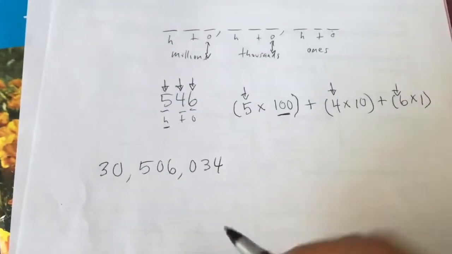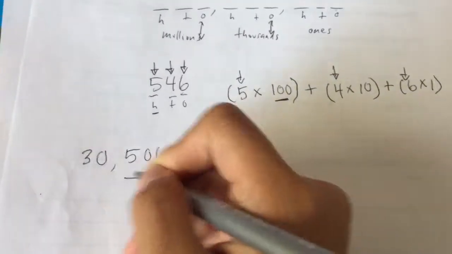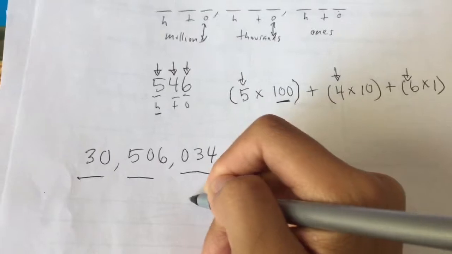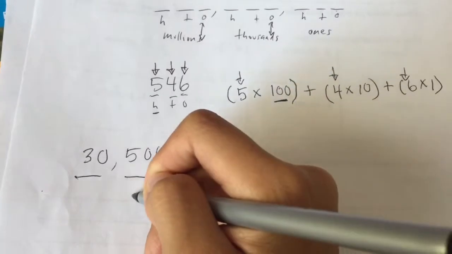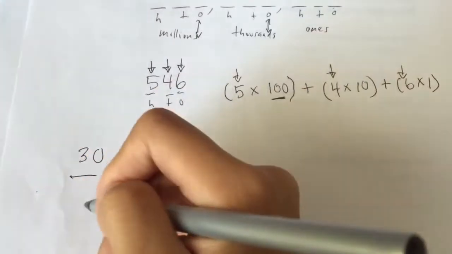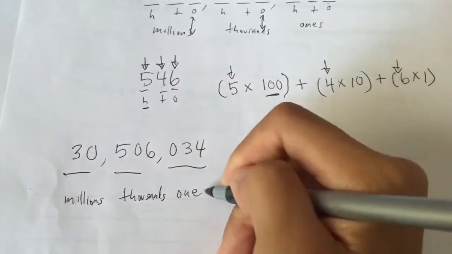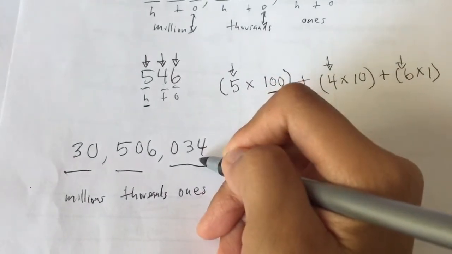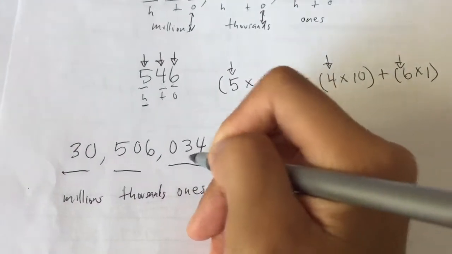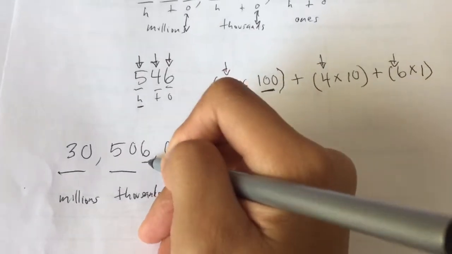So, first thing you want the child to always do is know these are the ones, thousands, millions. And under here, you want them to know ones, tens, hundreds.